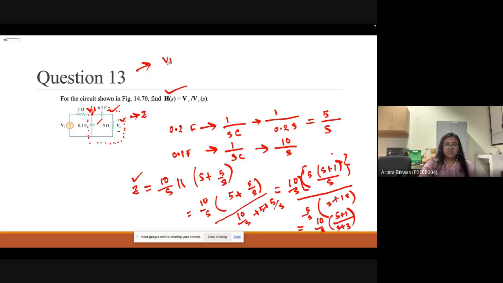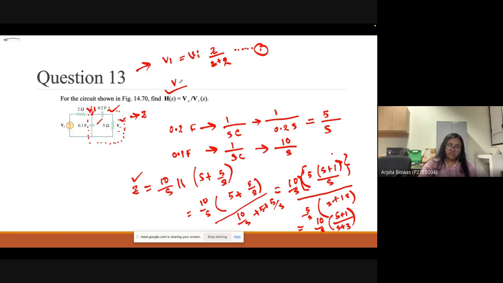V1 is equal to this voltage V1. We can use the voltage divider rule: V input by Z plus 2. This is Z, this is 2. And this is equation number 1.